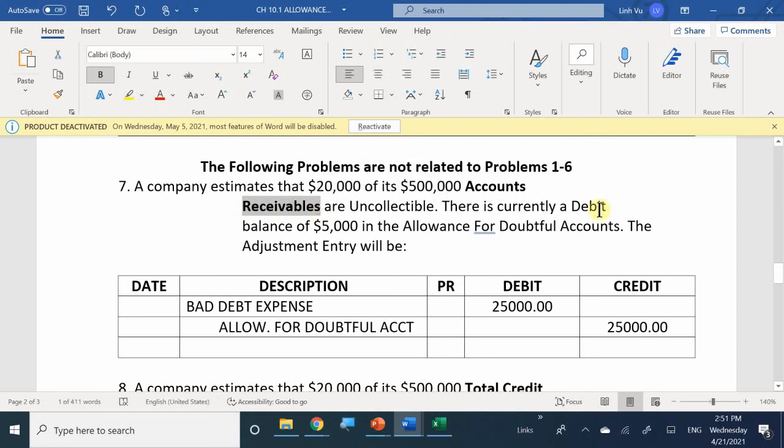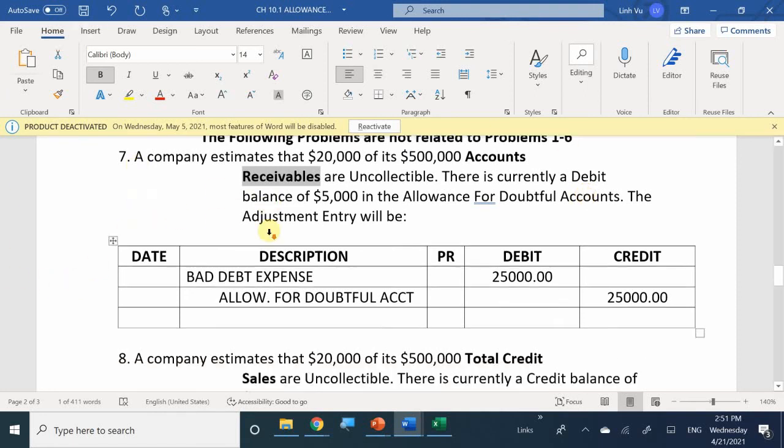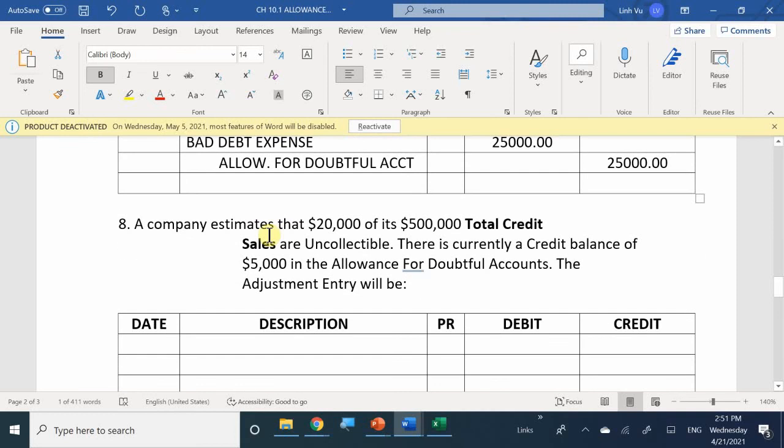In this case, it has a debit balance, which means we already have $5,000 on the left. How do we get to a total of 20,000 on the right? You add the 5,000 plus an additional 20,000 to get to 20,000 on the right side.